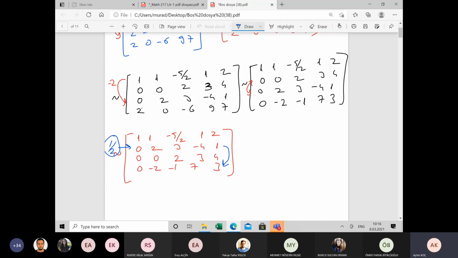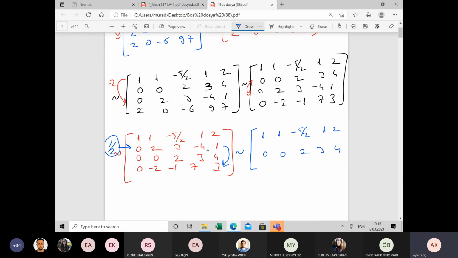The matrix is row equivalent to the first one. First row: 1 1 minus 5 over 2 1 2. Second row, take the third one, the same: 0 0 2 3 4, and apply this one.